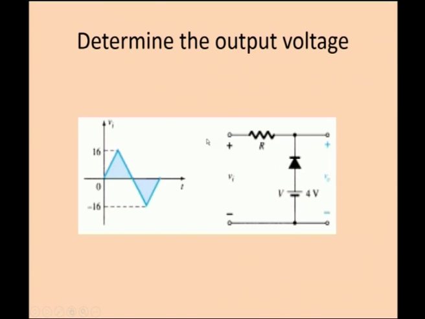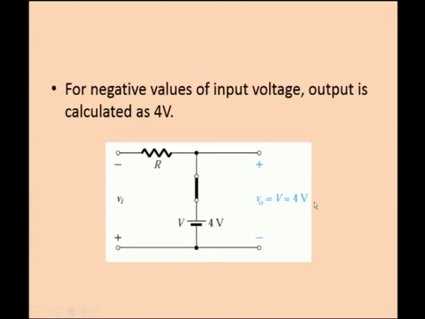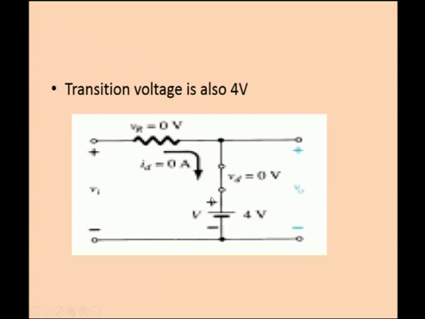If the input signal is negative, it will produce a forward biased condition. Forward biased condition gives you a short circuit across the diode, and the output voltage is only this 4 volt. The output voltage is 4 volt, V equal to Vo equal to 4 volt during the negative half of the input signal. The transition level is also 4 volt.